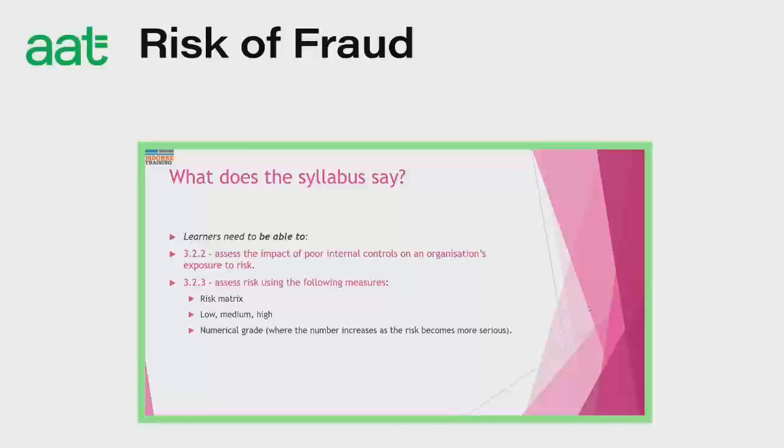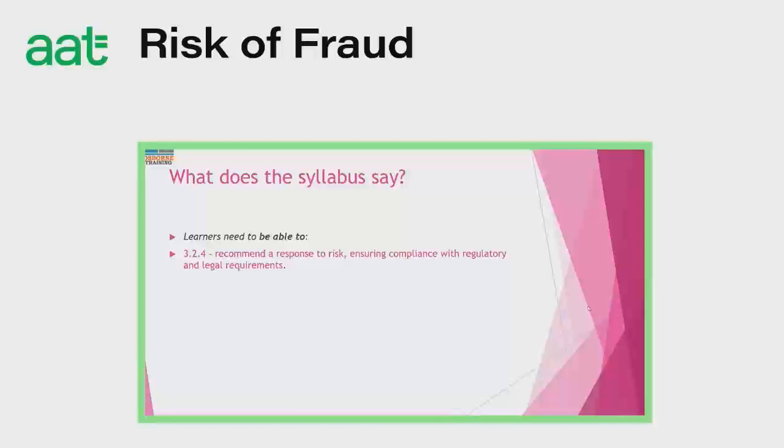We then need to be able to assess the risk using the following measures. So our risk matrix, grading those risks either low, medium or high, or grading them on a numerical scale where the number increases as the risk becomes more serious. And this is the section that we're going to be looking at today.